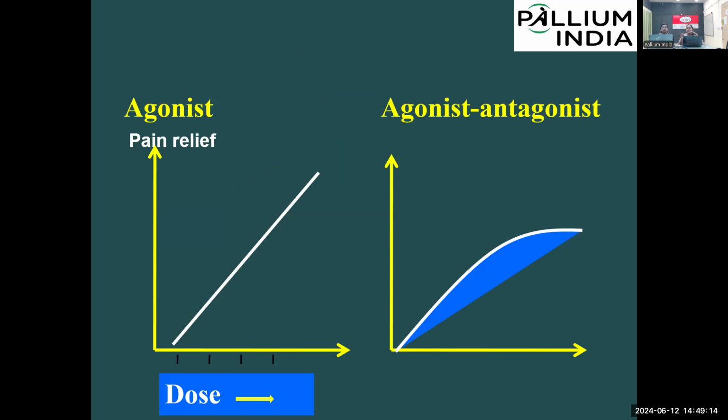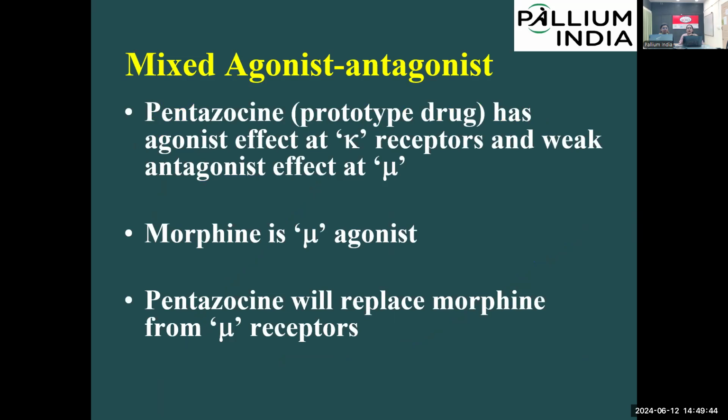But with agonist-antagonist drugs, initially with the increase in dose, the pain relief increases, but beyond a certain stage, even if the dose is increased, there will not be much change in the pain relief. So agonist drugs don't have a ceiling effect, and the agonist-antagonist drugs have a ceiling effect. That means increasing the dose beyond a point will not produce much difference in the analgesic effect.